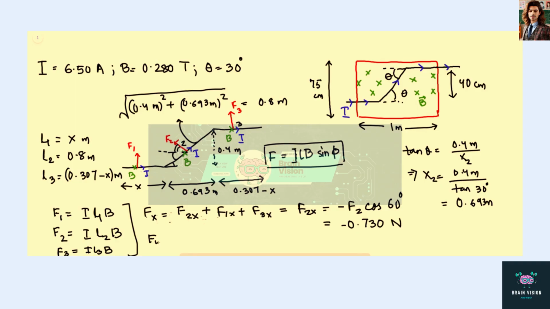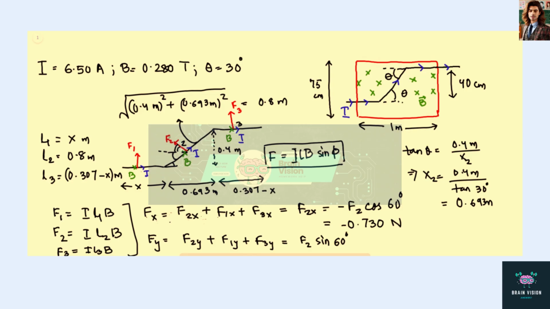Now similarly, Fy is going to be F2y plus F1y plus F3y. I'm writing F1 and F3 together because F1 and F3 point in the same direction, so it's useful to write them together. Now F2y will be F2 sine 60 degrees.